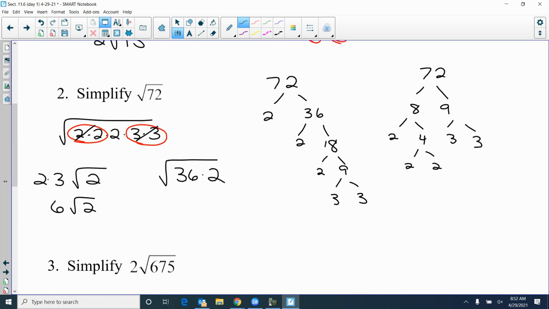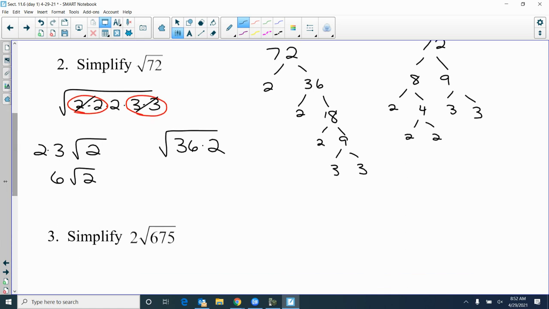So I don't really have to do the rest of this, but you have to recognize that. That means immediately I can pull that 36 out, and then that 2 is going to stay, and I'm done. Now, it takes a little bit more recognition up front to see that, but it's going to save you a little bit of time, and your skills are going to get a little bit better.